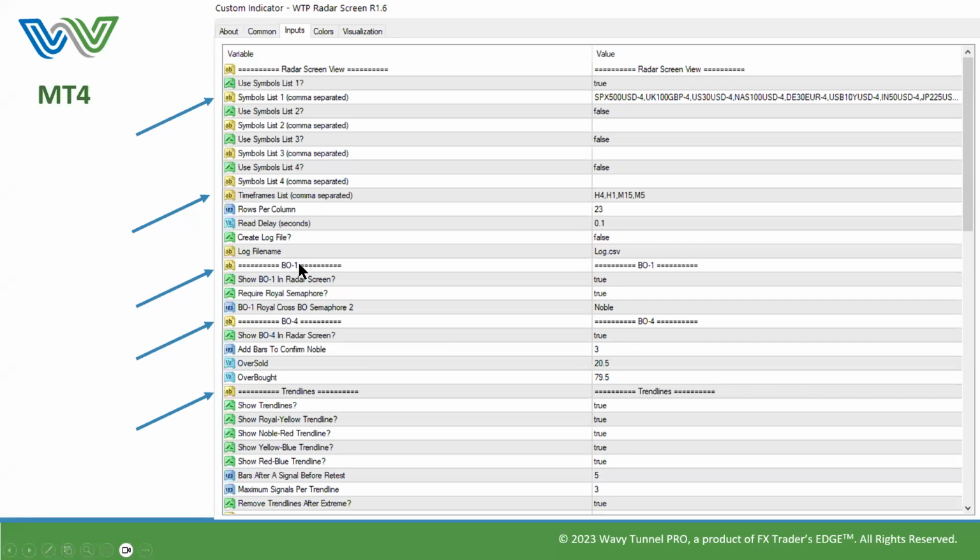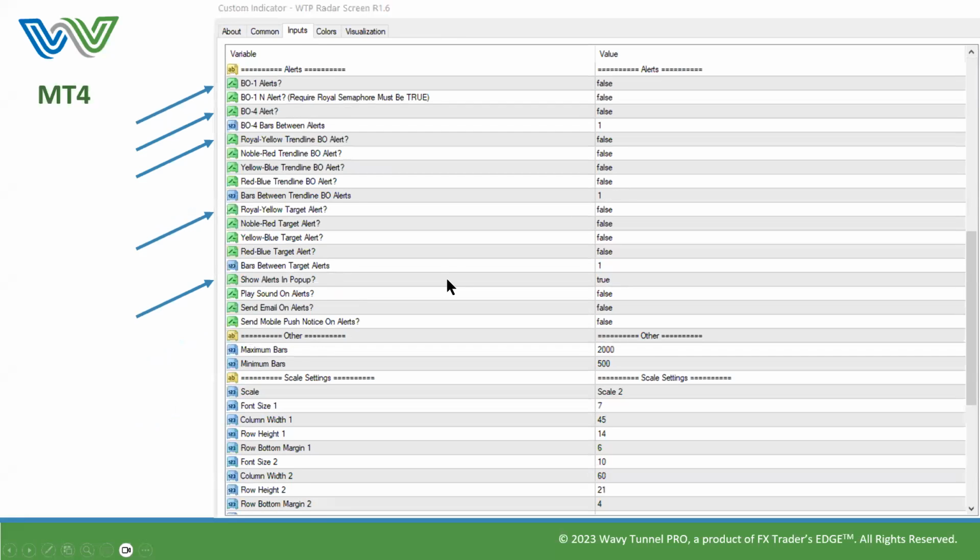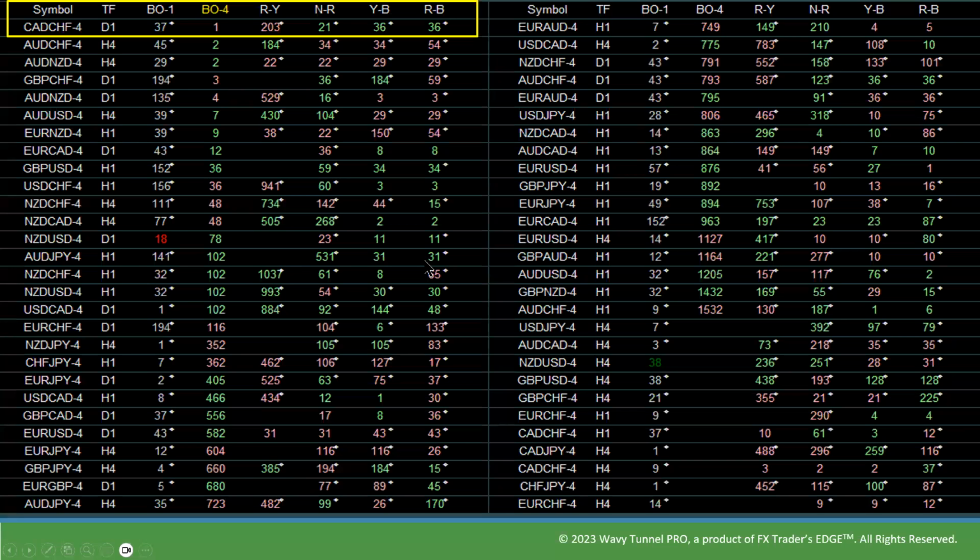These are the breakout 1 trades. Do you want to show the breakout 1 true or false? Do you want to show the breakout 4 true or false? Do you want to show the trend lines true or false? You can customize this. Do you want to get alerts? Breakout 1 alerts, breakout 4 alerts, the trend line breakout alerts. So you can set your own alerts. This is Forex.